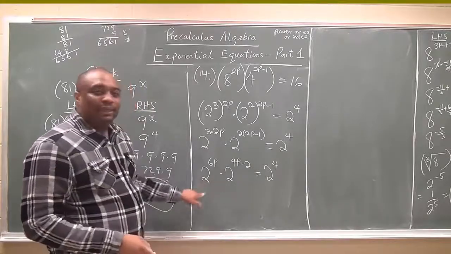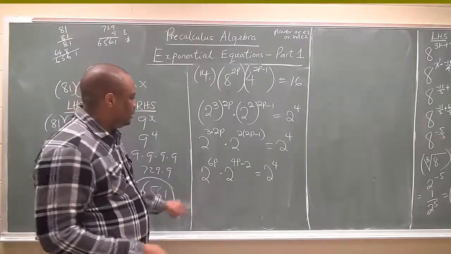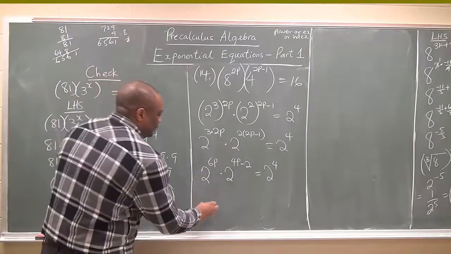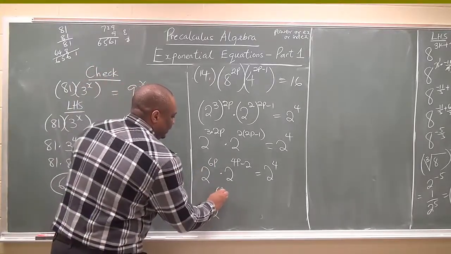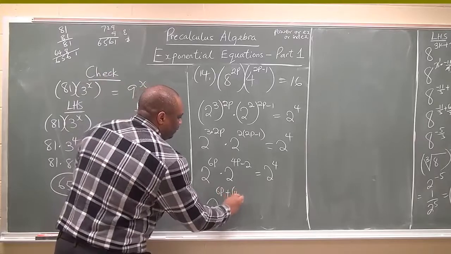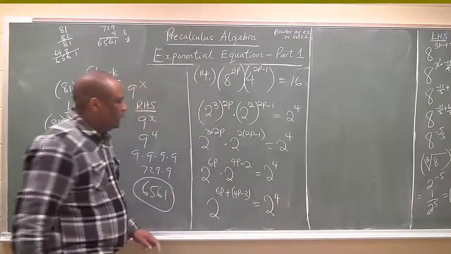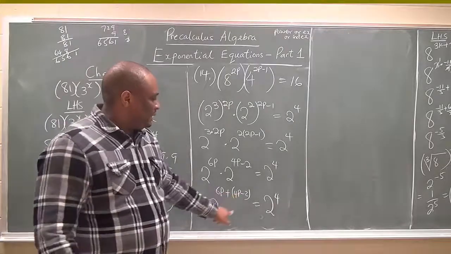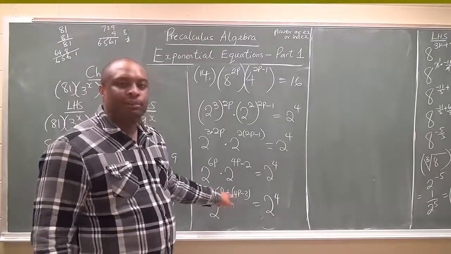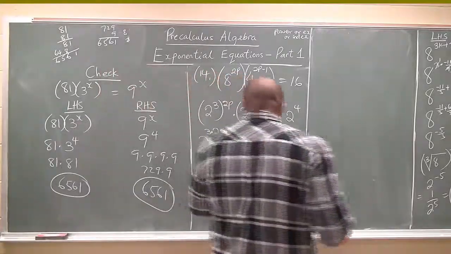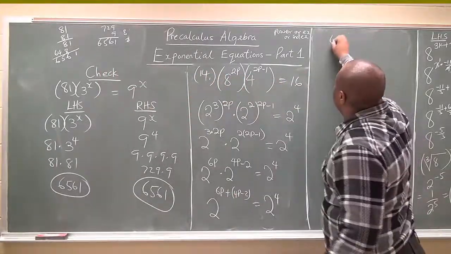Now, they have the same base, right? And they are multiplying, so we add the exponents. So this is 2 exponent (6p plus 4p minus 2) equal to 2 exponent 4. When you're adding or subtracting, please put parentheses, then you can release it later on.